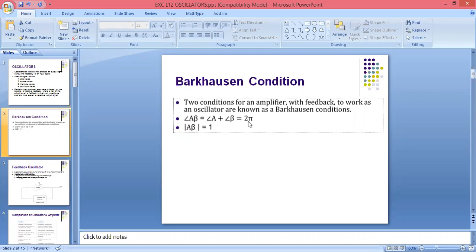Its value will be 2 pi, which is nothing but 360 degrees. So these are the conditions we require to use any positive feedback as an oscillator; we have to follow the Barkhausen criteria. There will be a question: explain Barkhausen criteria. If you write these two conditions, you will get the marks.